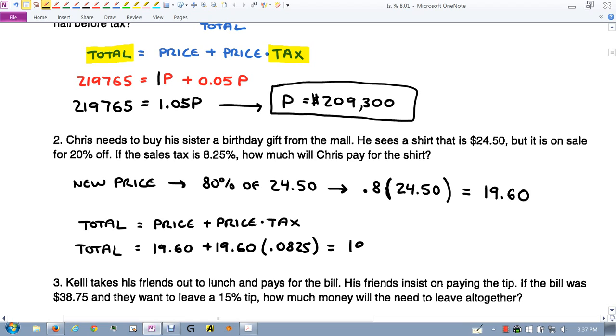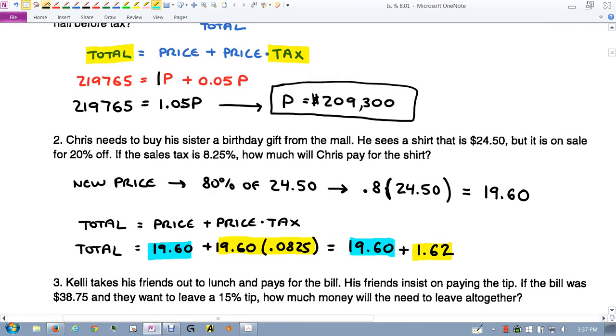So you have 19.60 plus, I'm getting 1.617. I'm going to put 1.62 because it's cents, so we're going to round up. Again, I wouldn't round off if you didn't round. Understand that? This piece right here is this. This is just this.